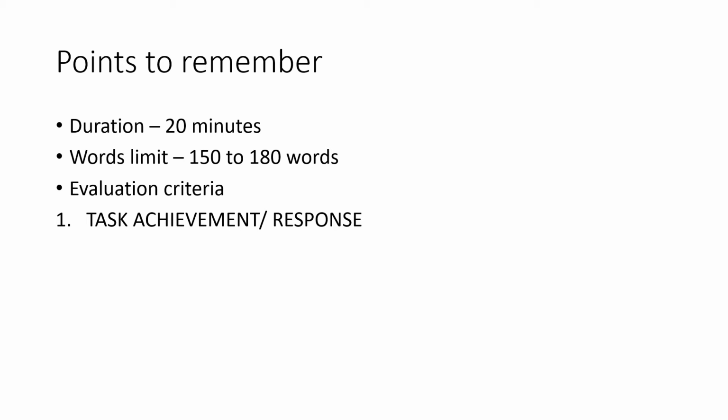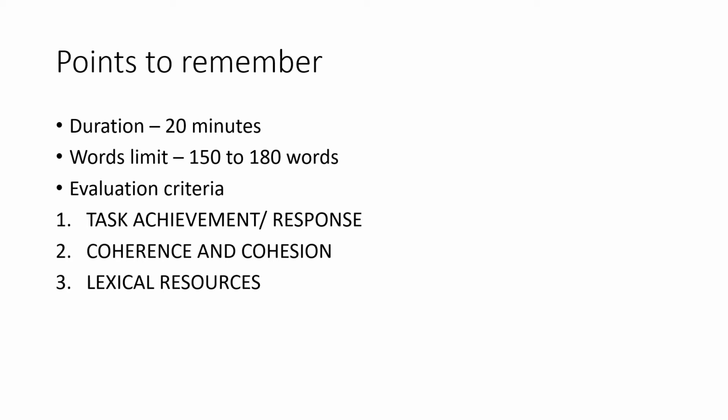The second component of evaluation is coherence and cohesion. This evaluates if you have arranged your points in a proper logical order and if the answers are written in proper paragraphs. The third factor for evaluation is lexical resources.